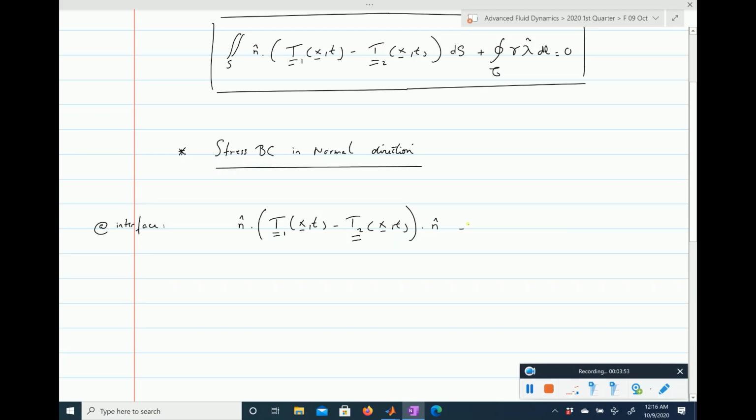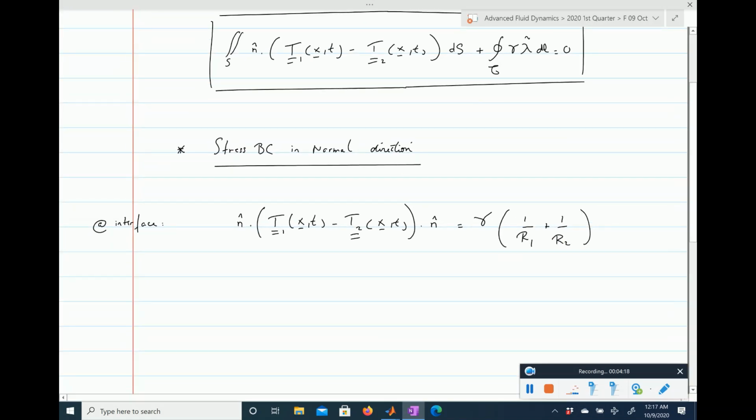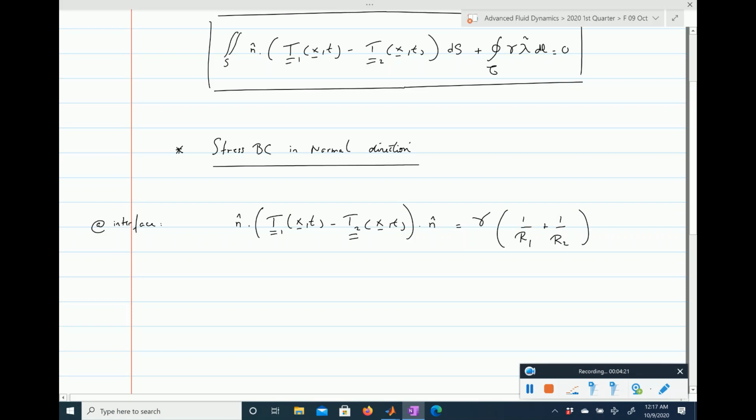This is equal to the surface tension times the mean curvature, which is 1 over R1, the radius of curvature in one direction, plus 1 divided by R2, the radius of curvature in the other direction, and I will explain that in just a second.